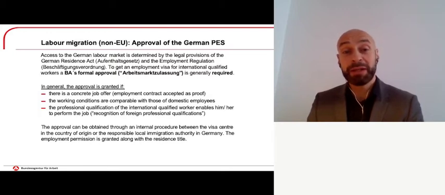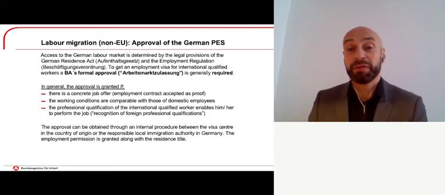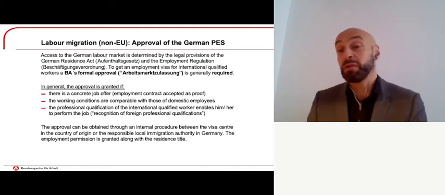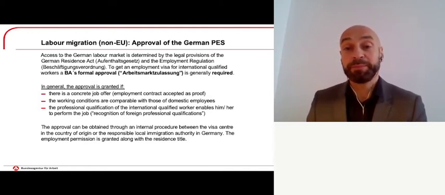Let me mention one thing. Here you see it's not listed that German employers or the legal framework in Germany require language skills. But in fact, as Jonathan mentioned already, in most professions employers expect at least B1 German language skills, because otherwise it would be impossible in most professions to integrate into the working environment and to follow the security standards at the workplace and all these things.